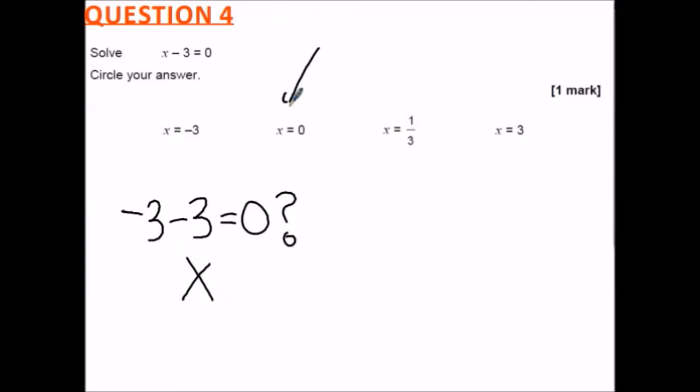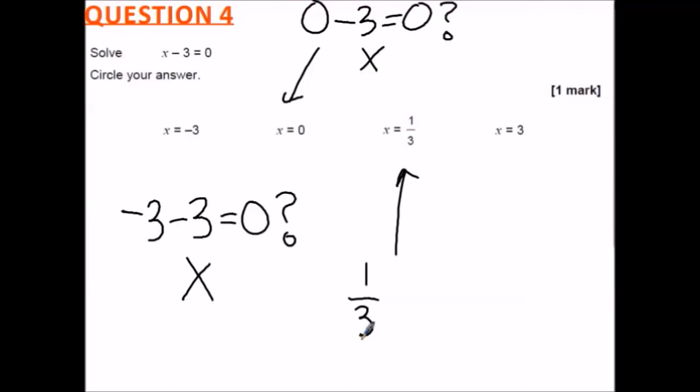This one, x equals 0. So does 0 take away 3 equal 0? Nope, no chance. x equals a third. Does 1/3 take away 3 equal 0? No. And finally, x equals 3.